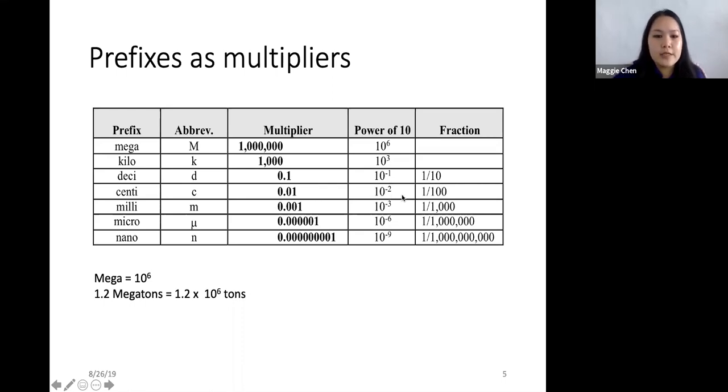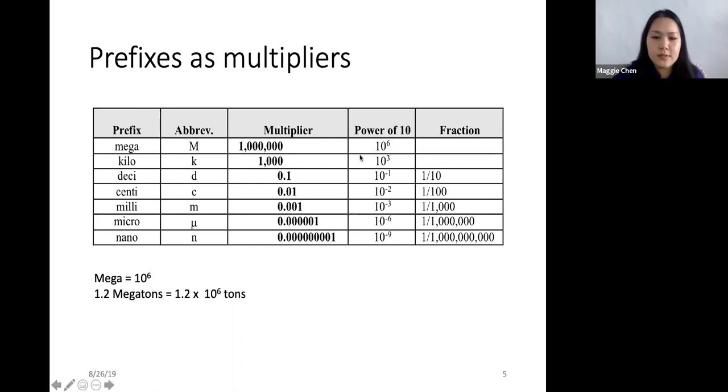But now if we're looking at mega as a prefix, it can be abbreviated as uppercase M, and it's a multiplier of 1 million. The power of 10 is 10 to the 6, and this 6 is how many spaces, again, past the decimal point it is.